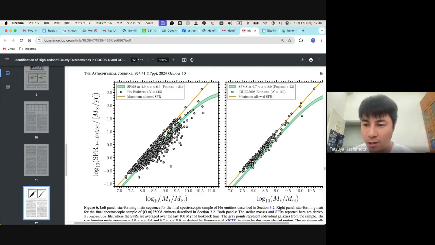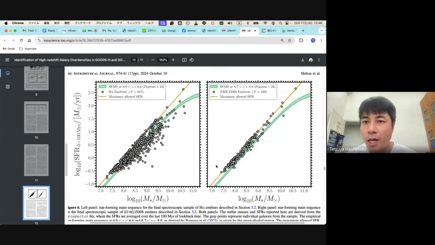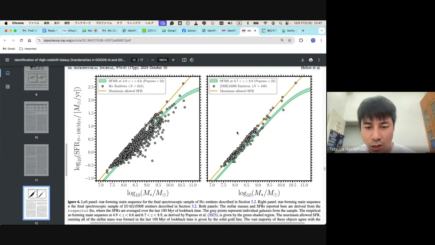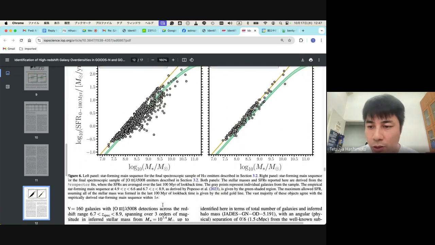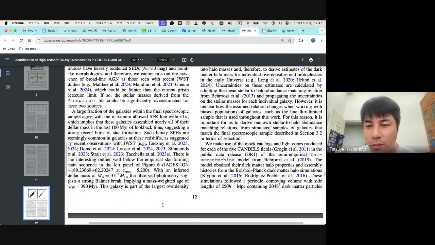And again, this is the so-called main sequence of star-forming galaxies. And then they presented this at very high z. Their sample should include redshift up to 9 or so. Therefore, this is, I think, very new.